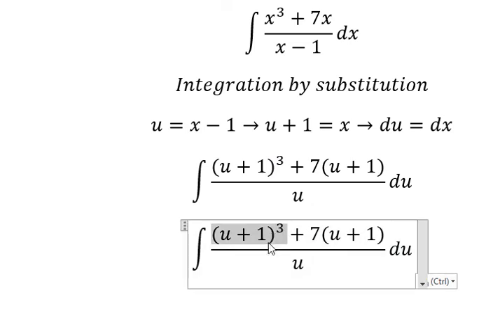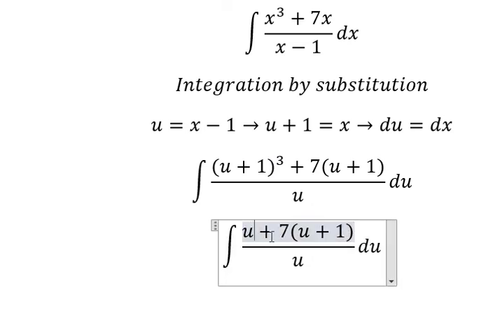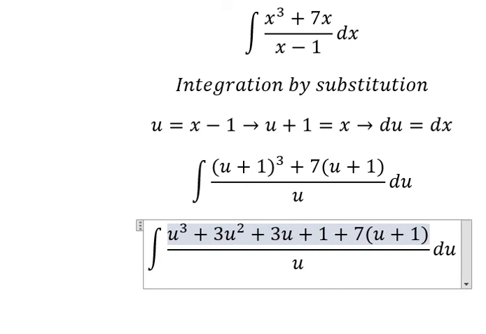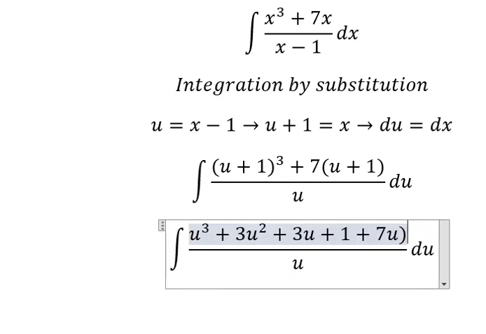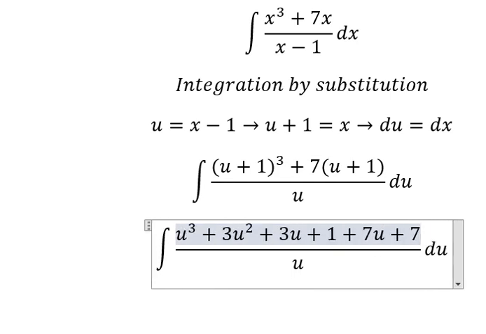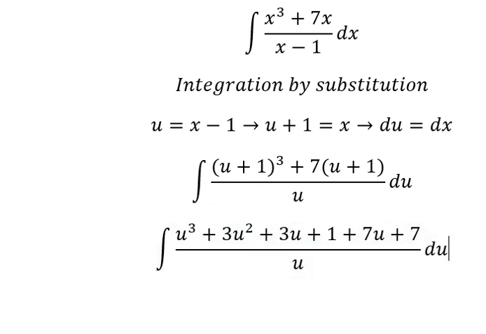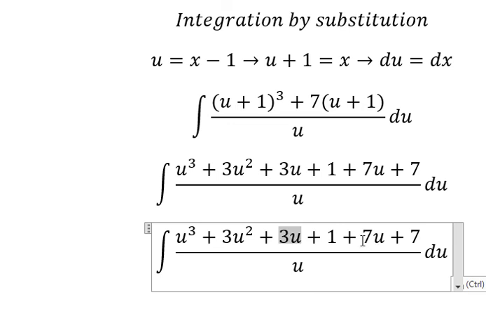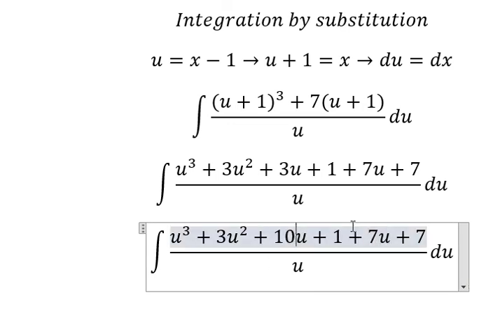Now we need to expand this one, and this one too. So we have 3u plus 7, which is 10. 1 with number 7, you get 8.